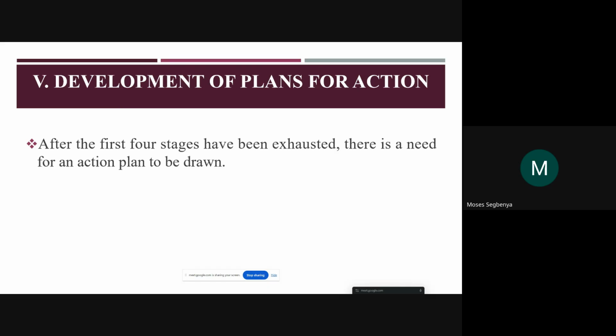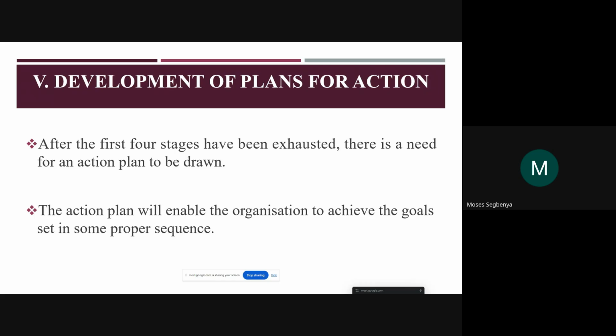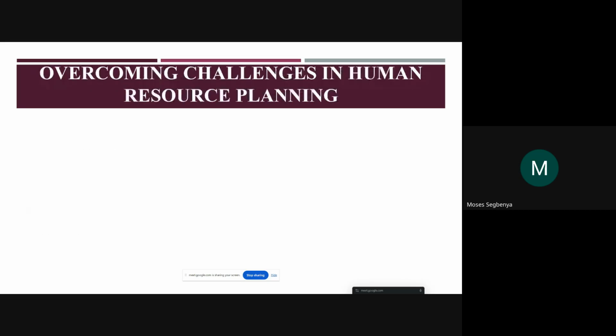So, development of plans for action. After the first four stages have been exhausted, there's a need for an action plan. So this is where you draw your plan, which will serve as a blueprint to guide you. The action plan will enable the organization to achieve the goal set in some proper sequence.